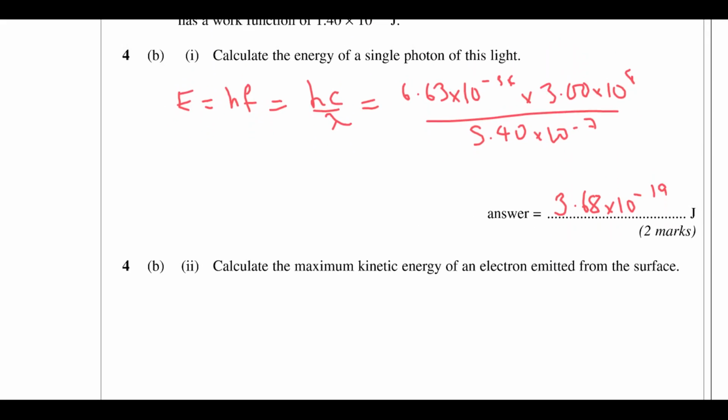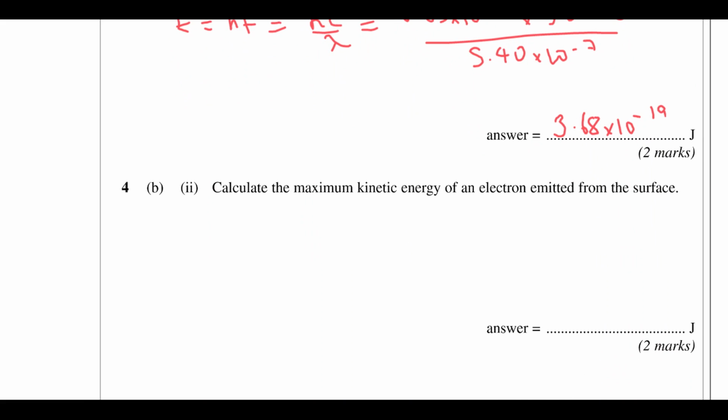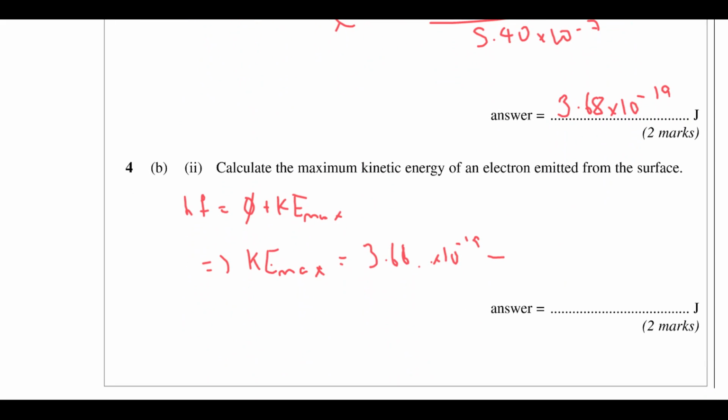We want to know what the maximum kinetic energy is. So the general equation you have is the photon energy equals the work function plus KE max. So therefore the KE max is going to be photon energy minus the work function, so 3.68 times 10 to the minus 19 minus 1.40 times 10 to the minus 19 joules.